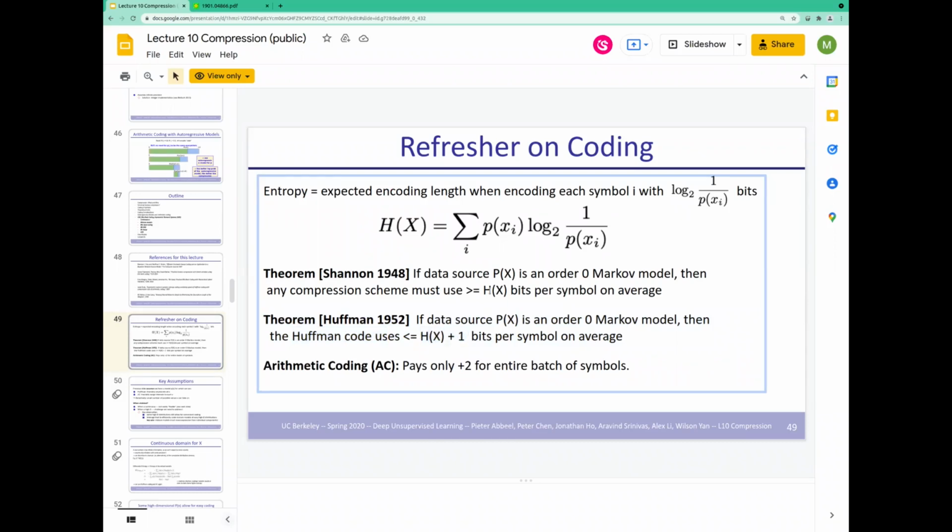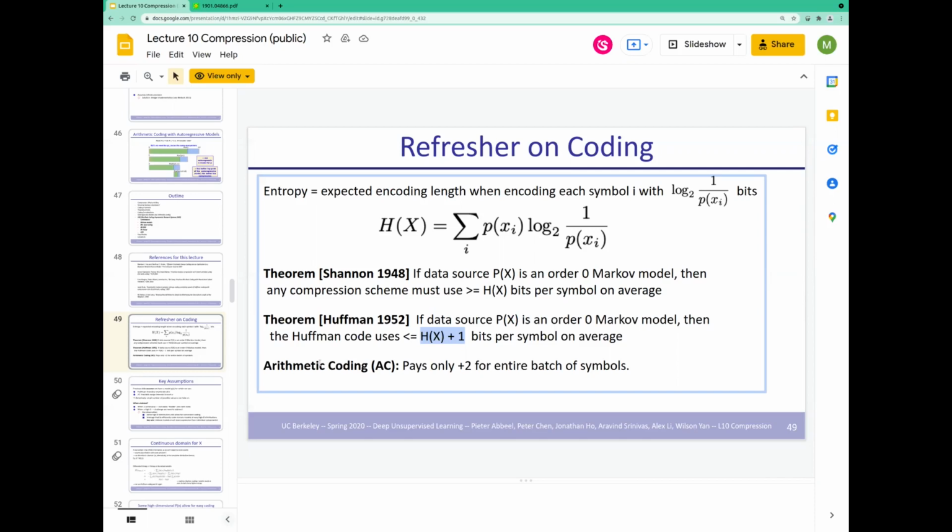So the lower bound was H of x, the entropy: you cannot use fewer than H of x bits per symbol on average. And Huffman code showed that there was a practical one where you could do H of x plus 1 bits per symbol. So this is an actual code, but the entropy is a theoretical limit from Shannon.